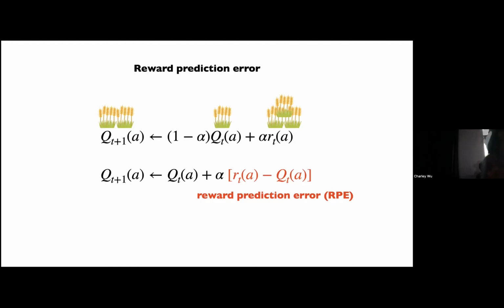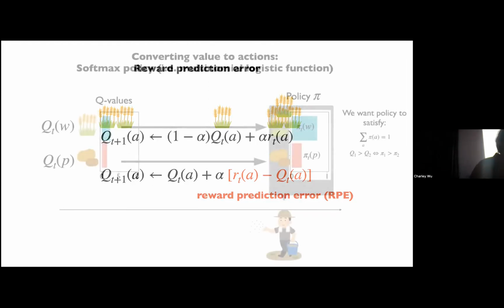In the second line, the red colored term is called the reward prediction error. Behavioral neuroscientists look at the correlation between brain activity and the reward prediction error, for example. These are key, but mathematically it's just the same thing. Right, then we now have the updated Q value.